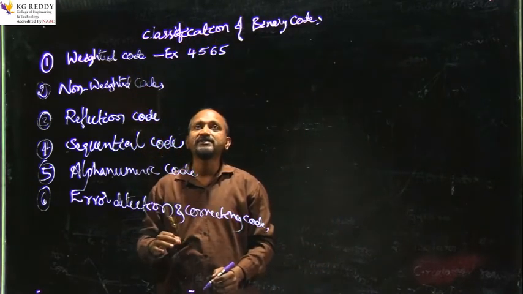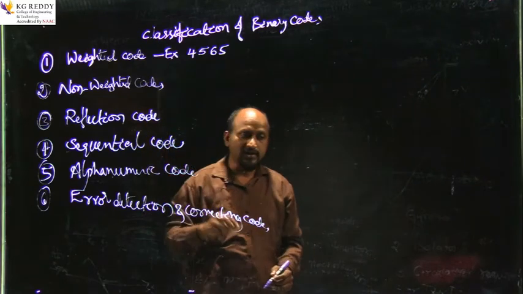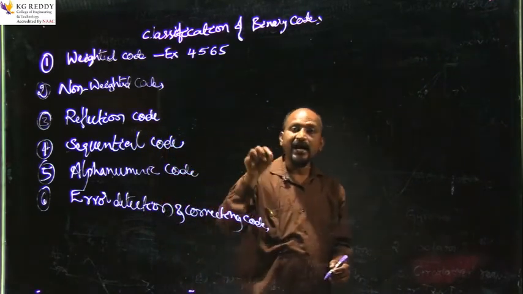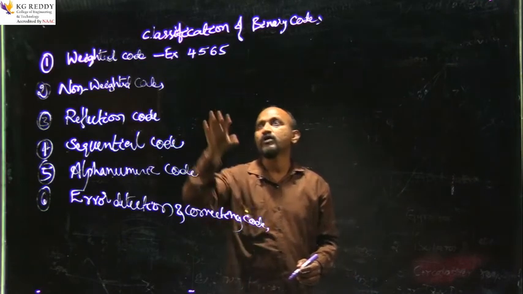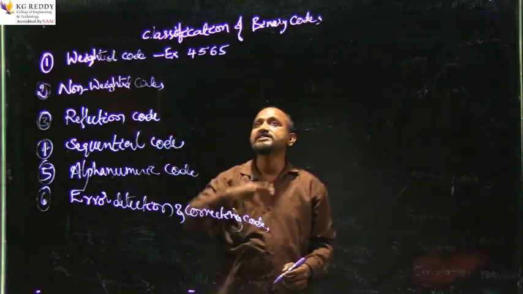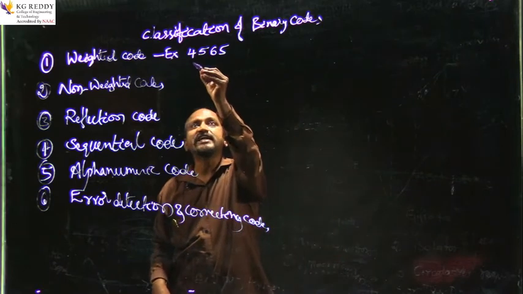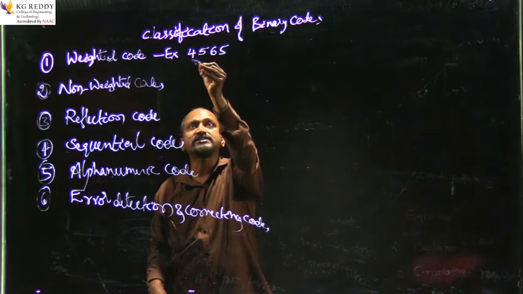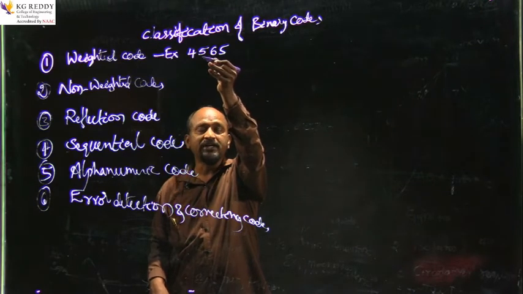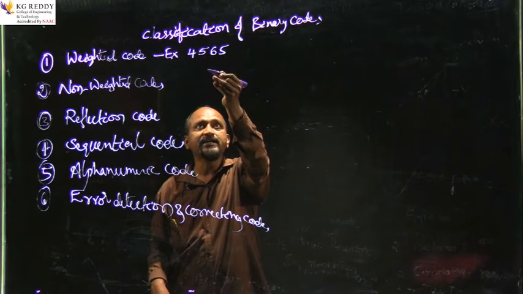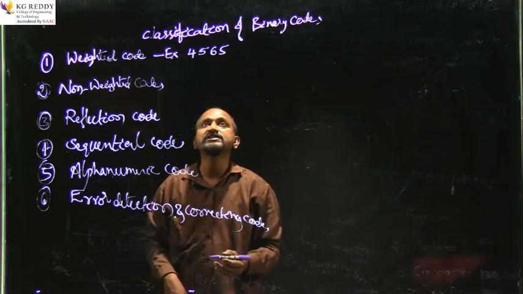I am repeating once: in the weighted code, each digit possesses its own weight. So this is one example.